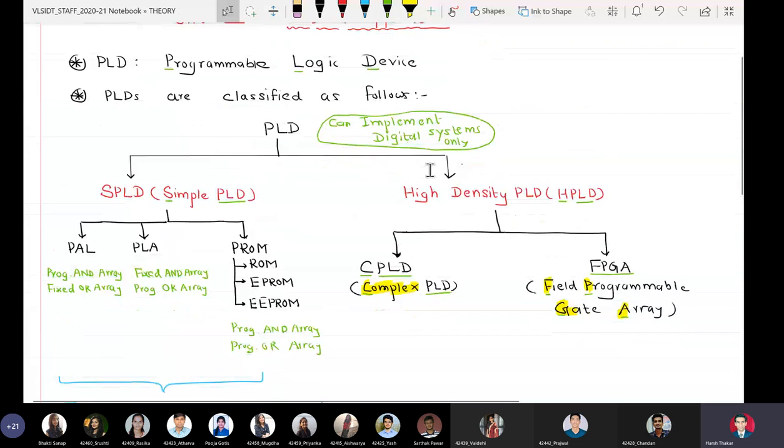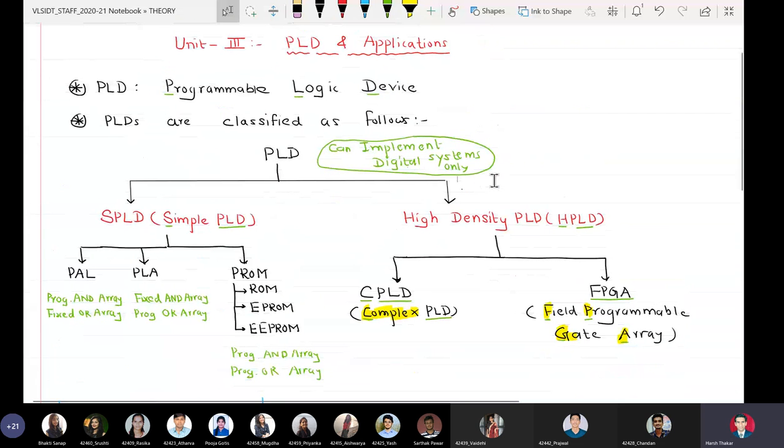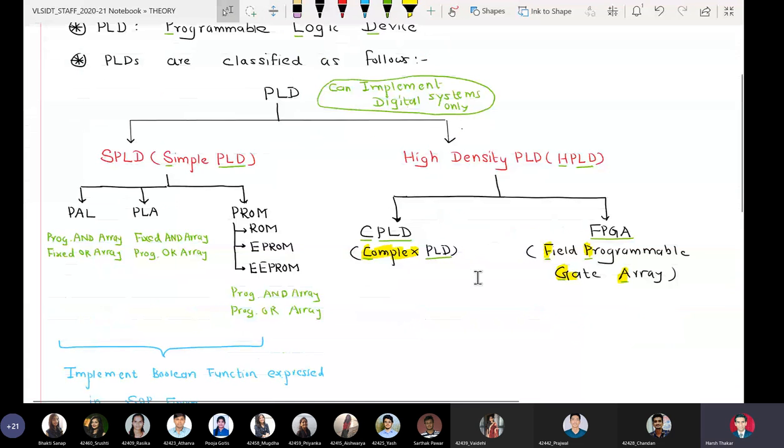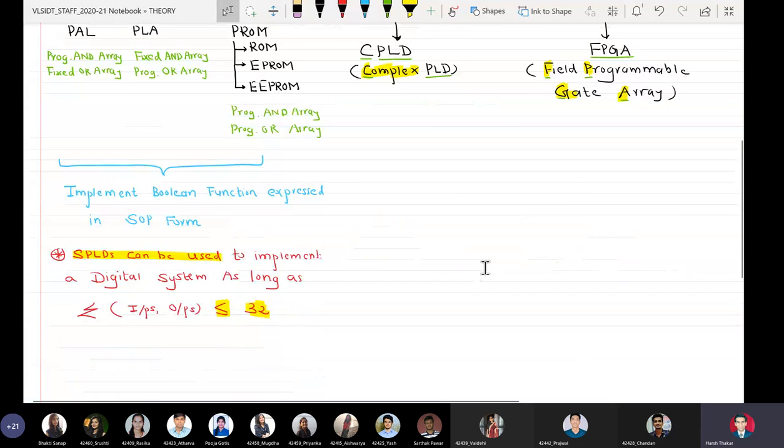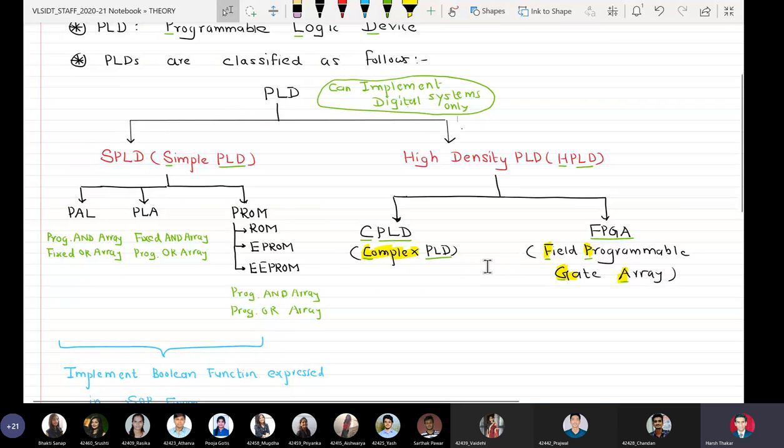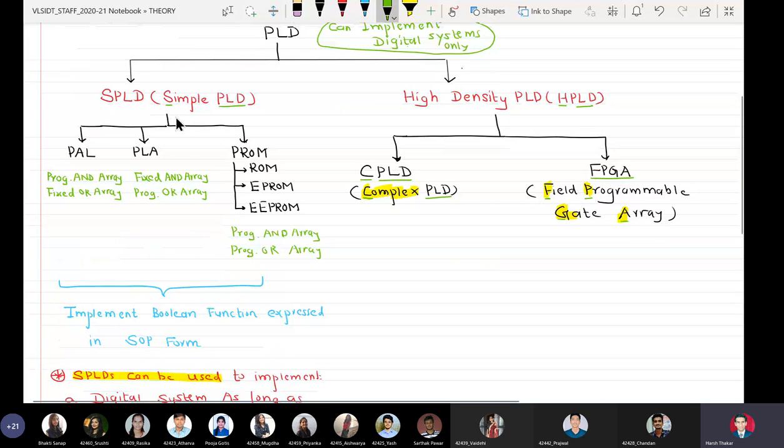Okay. And as far as SPLDs are concerned, if you want to implement any system, then you have to implement it based on a truth table.